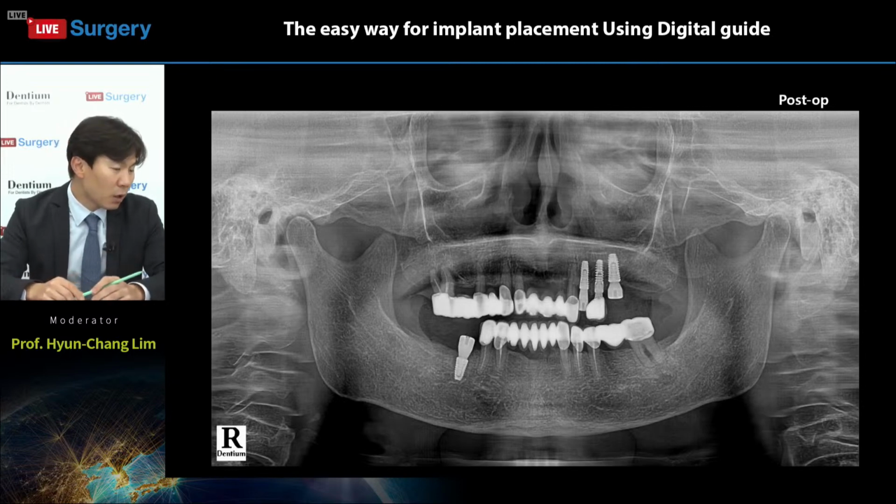And for the 46 area, implant also were well placed subcrestally. And maybe after 3 or 4 months, he will connect the final prosthesis.